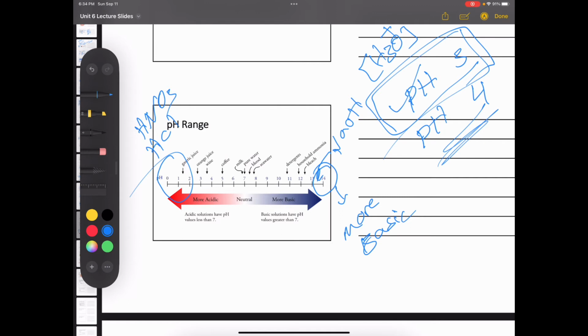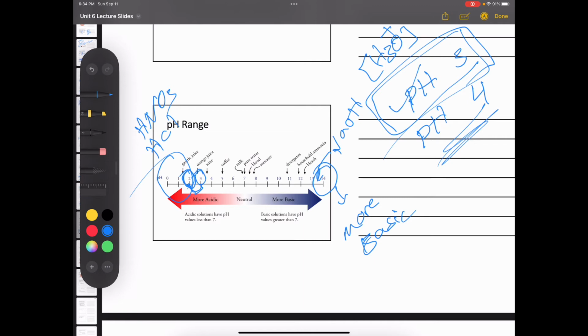The other thing that would probably be interesting to learn by looking at the pH scale is that between every mark and the one adjacent to it, there is a tenfold increase in the concentration of the hydronium ion. Okay, so if you're looking at 2 to 3, for example, as I said earlier, pH 2 would be more acidic. There is a tenfold increase in concentration of the hydronium ion in 2 compared to 3.